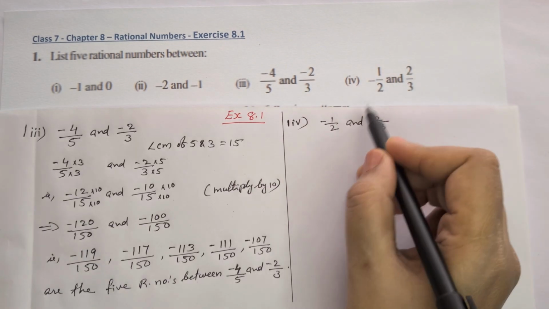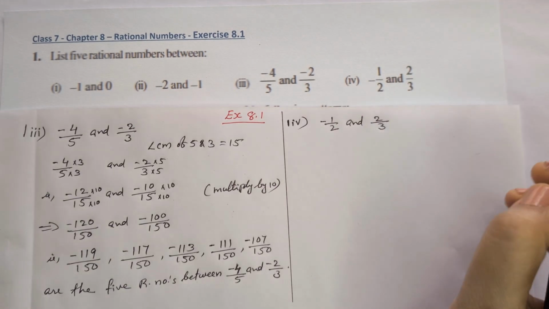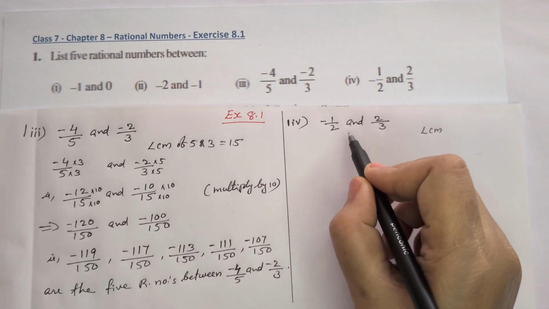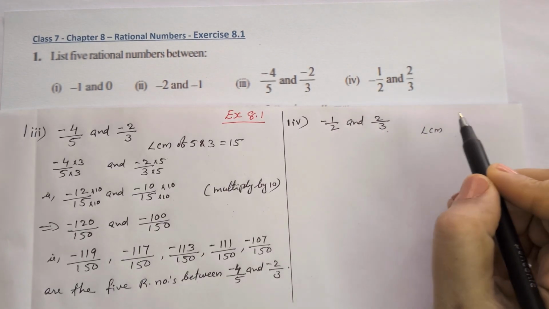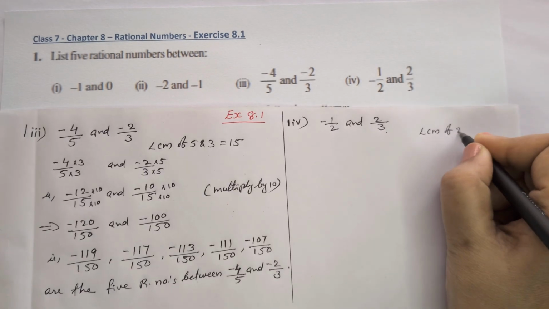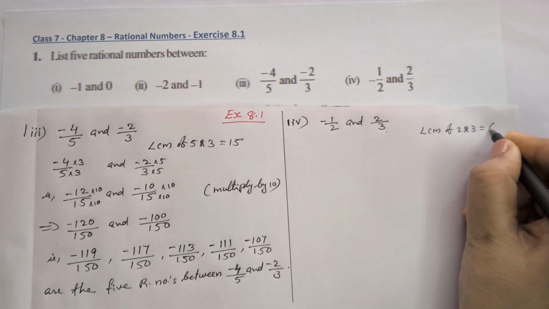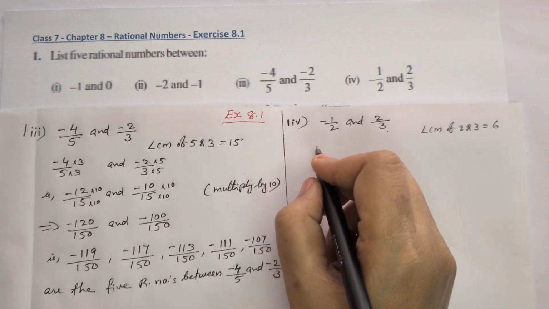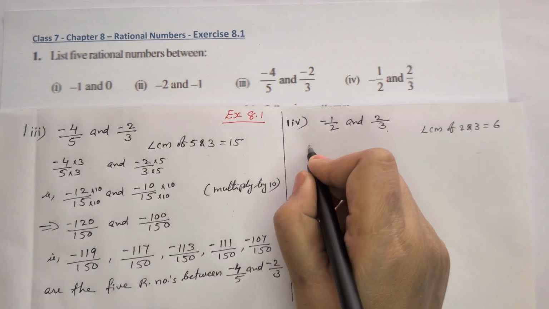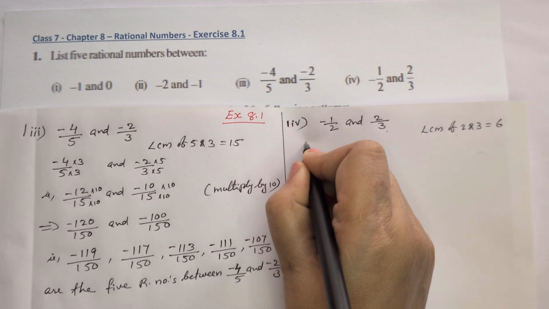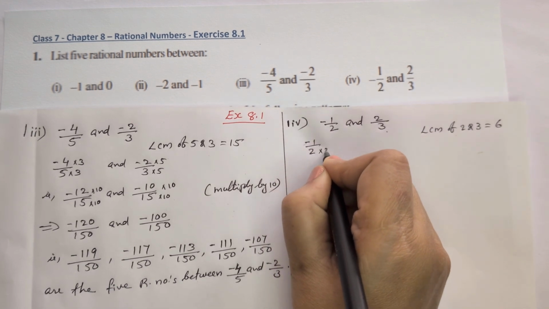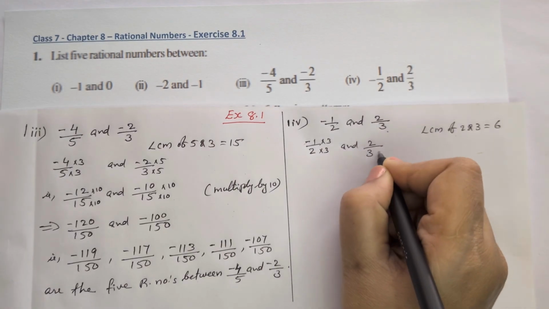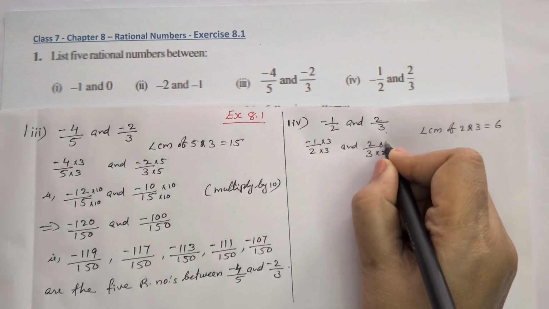Now the fourth one, -1 by 2 and 2 by 3. First you have to look at the denominators. The denominators are different numbers, 2 and 3. So LCM of 2 and 3 is 6. So convert the given denominators to the common denominator 6. Minus 1 by 2, you have to multiply by 3, and 2 by 3 multiply with 2.